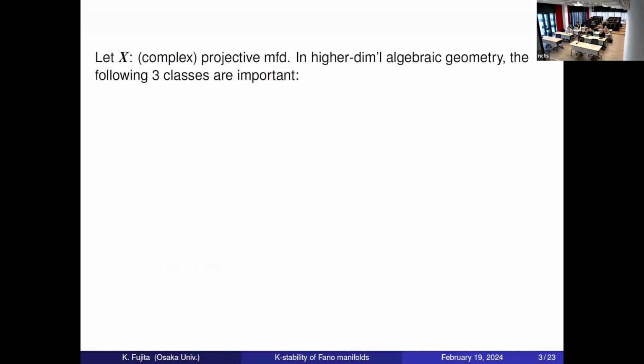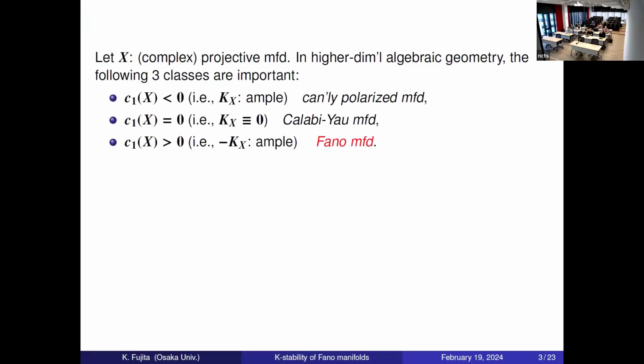For a smooth projective manifold, the following three classes are very important, characterized by the positivity of the first Chern class: negative, zero, or positive. By the Kodaira embedding theorem, those three conditions can be interpreted as: K_X, the canonical divisor, is ample, or numerically equivalent to zero, or minus K_X is ample.